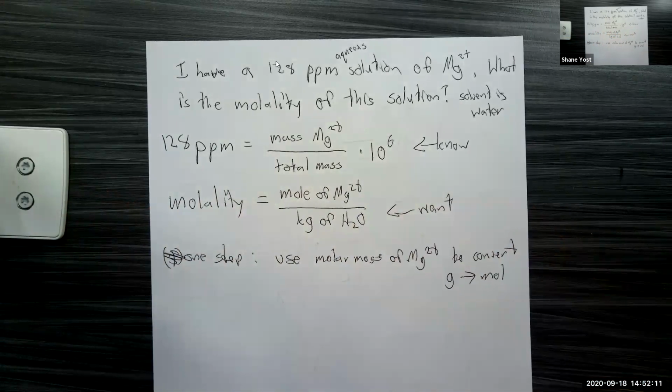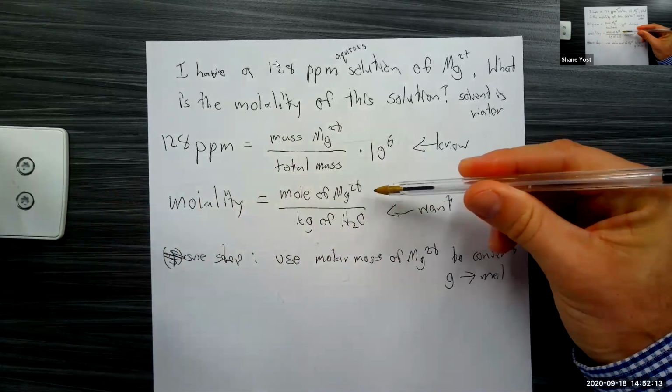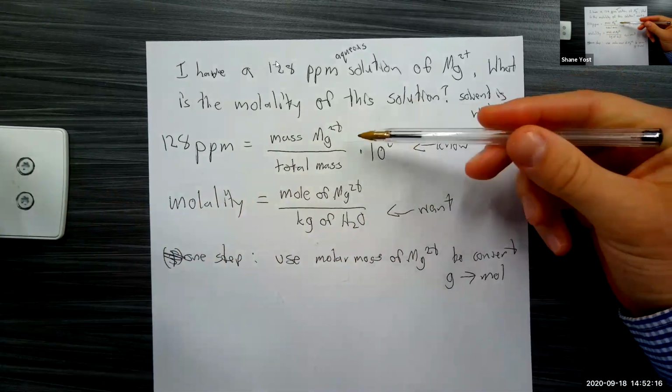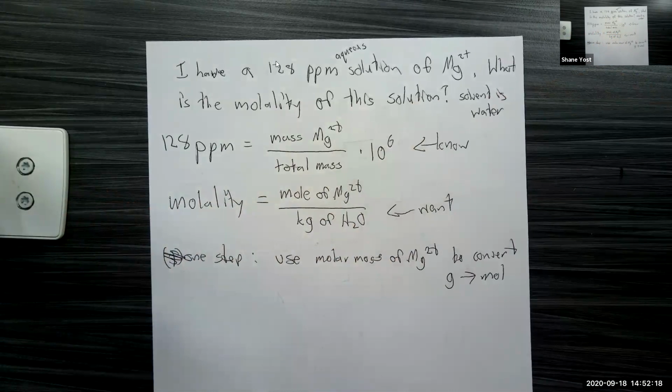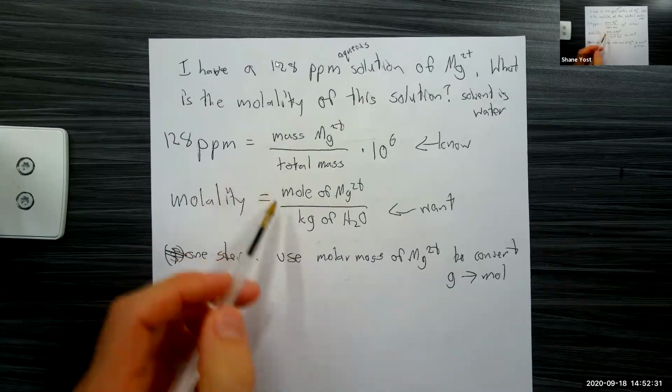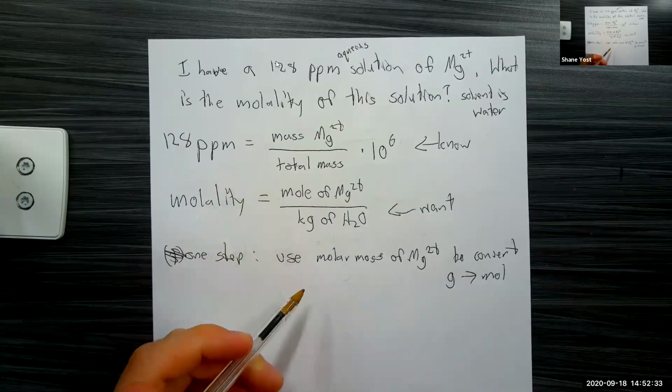Since I need moles of Mg2+ and I'm given the mass, I need the molar mass to convert between the two. The order in which you do things can vary, but I just think about how to get from where I am to where I need to go.